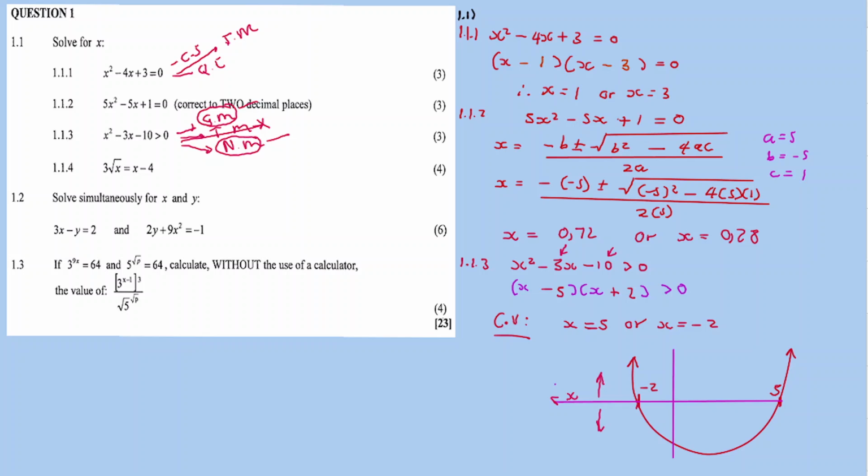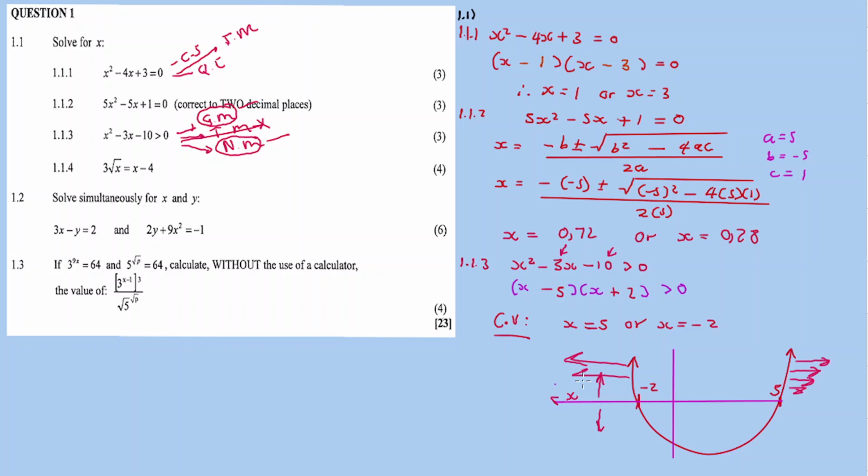It stretches like this, so our solutions are on the outer sides. At negative 2, the graph stretches this way, right? If it stretches to the left and to the right, that's why the arrows are pointing this way. So to the left of negative 2 is where we find our solutions.